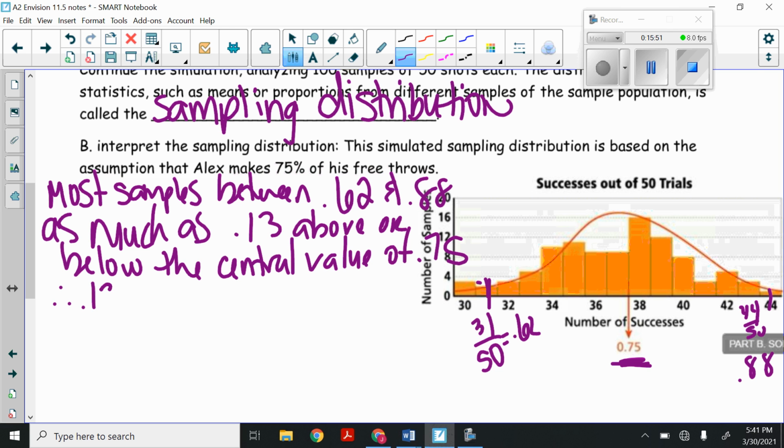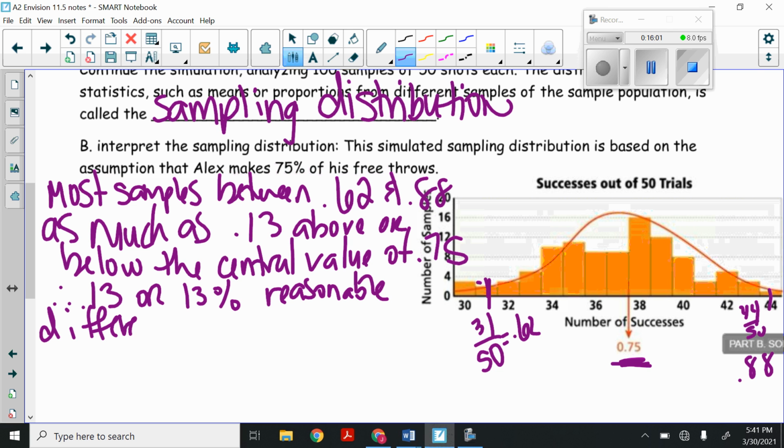Therefore, 0.13 or 13% is a reasonable difference due to variability.